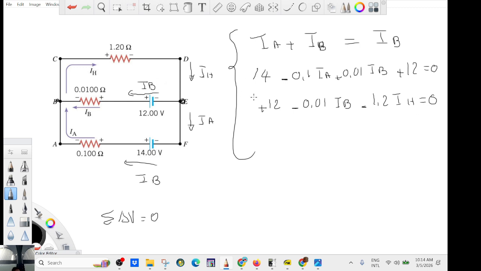Okay, so now you have three equations with three unknowns. You have to be careful, but I can make mistakes. 14 is a plus, right?